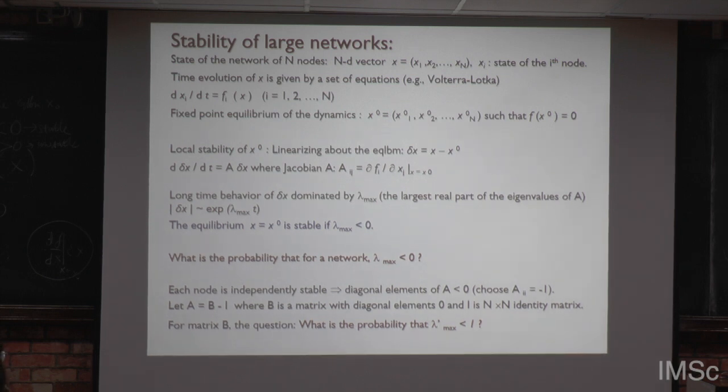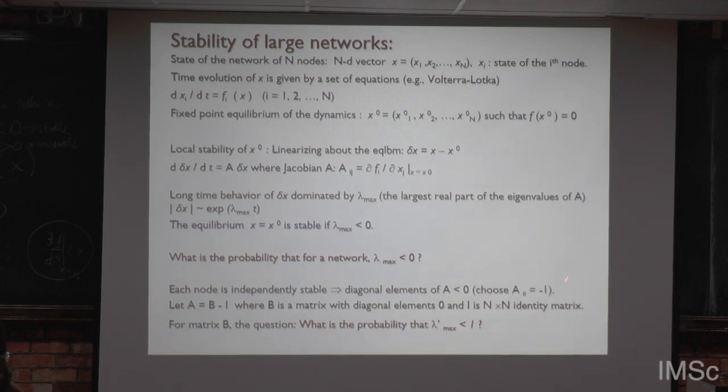Because May is interested in whether the network can induce instability. If the nodes themselves are unstable to begin with, then even if you put them in a network and they are unstable, it's no big deal, right? So he says, suppose each of the nodes is stable to begin with, can connecting them in a network lead to instabilities? That's the question. And therefore, he assumes that each node is independently stable.